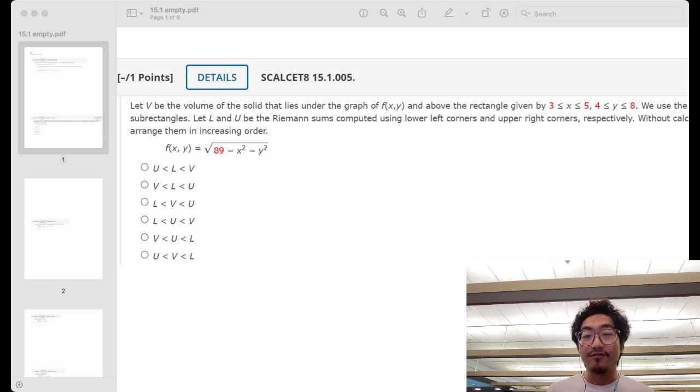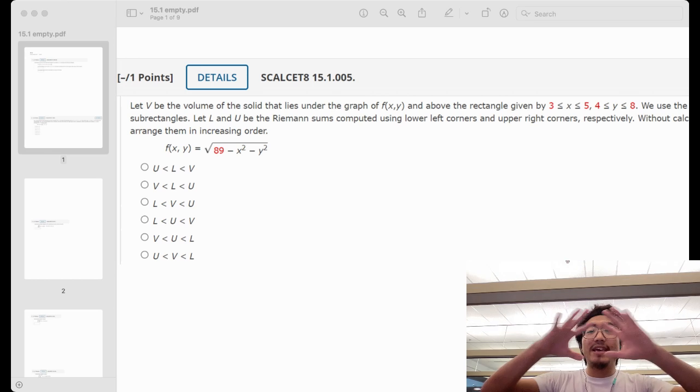The larger the x and y values you plug into the original equation, the smaller the value will be. So to get larger values for this expression, x and y need to be as small as they can be.